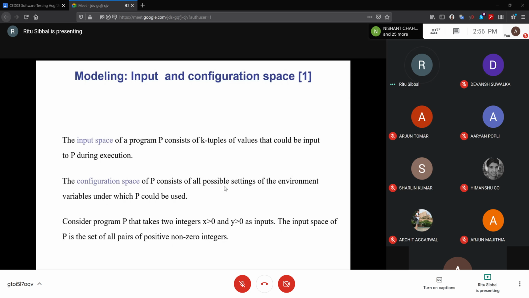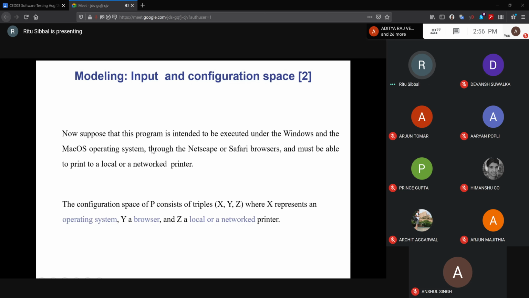The operating system can take two values, Windows or Mac OS, you could have these two types of browsers, and you could have these two types of printers. So the configuration space consists of this triple: operating system, browser, and printer. This is the configuration space, and this could vary.